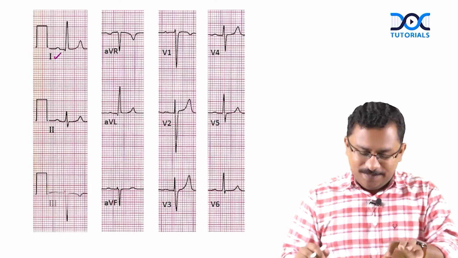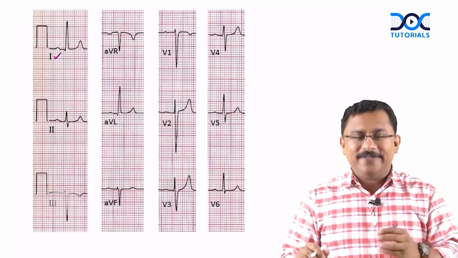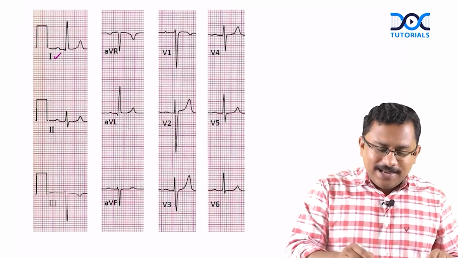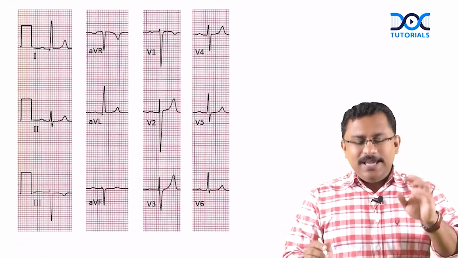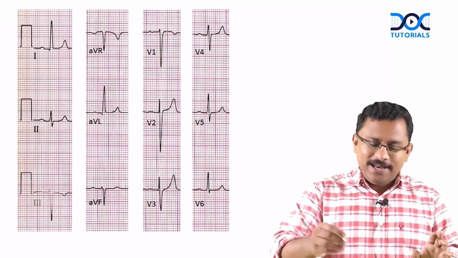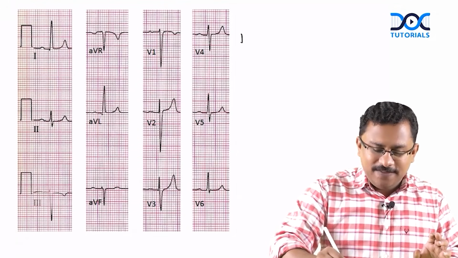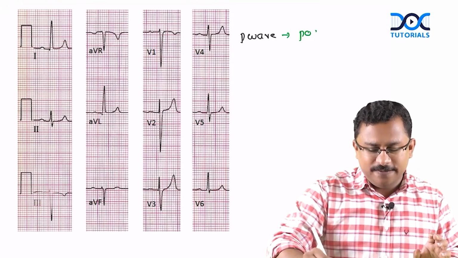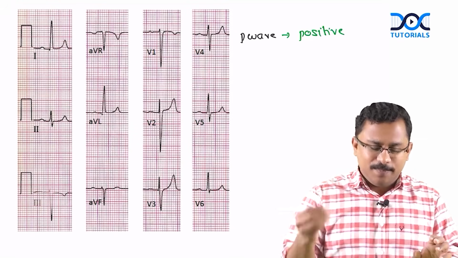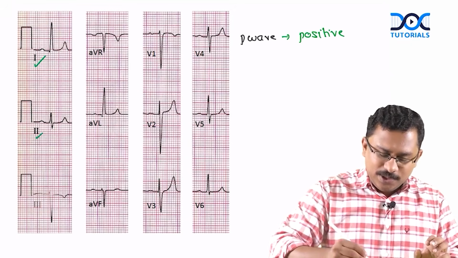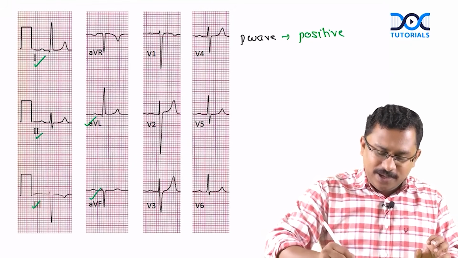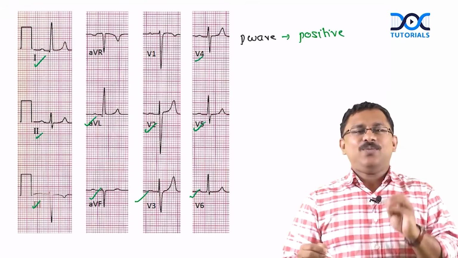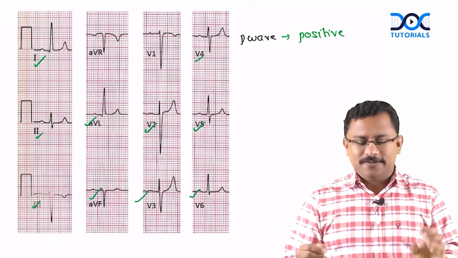Now when you have a look at the various ECG leads and the P wave, something quite obvious is that in most of the leads the P wave will be a positive wave: lead 1, 2, 3, AVL, AVF, V2, V3, V4, V5, V6, everywhere the P wave is positive.